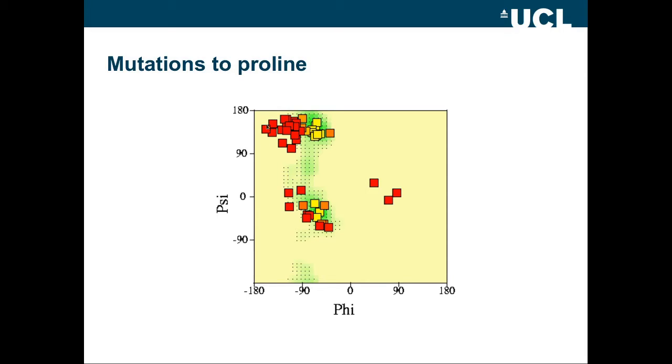So all of these residues, and these ones out here in the bright red, are positions where this mutation to a proline is going to result in some change in the three-dimensional structure. The ones that are in orange are kind of borderline, and the ones that are in yellow are okay for a proline.